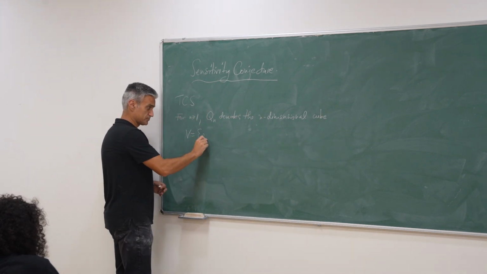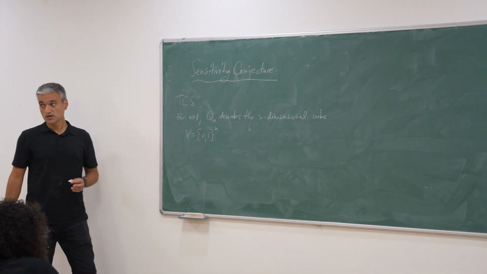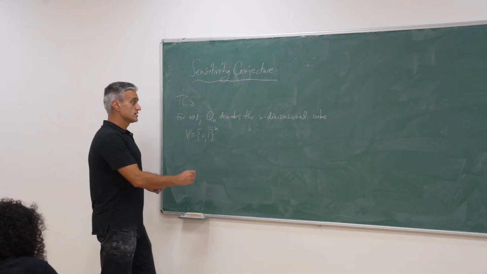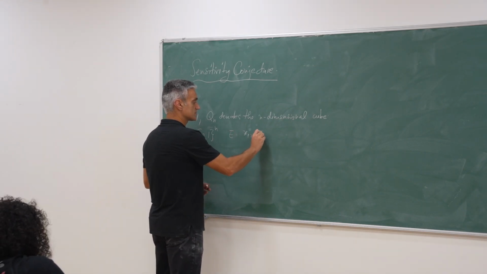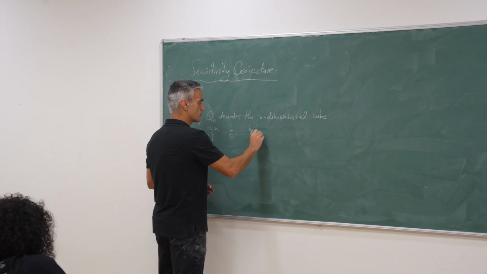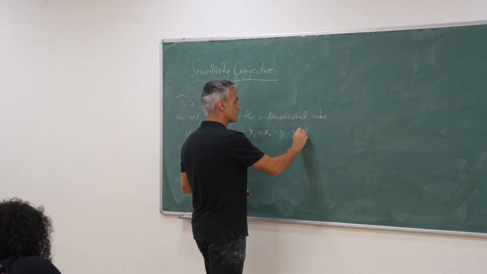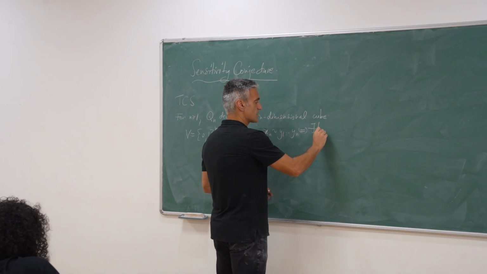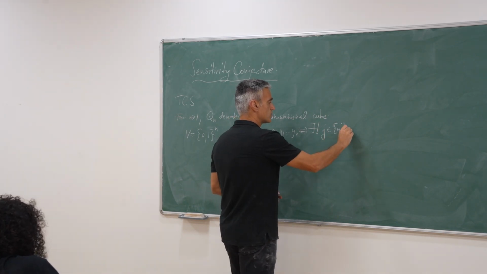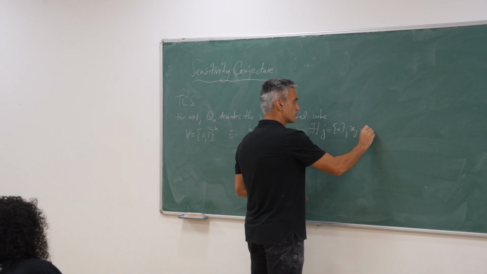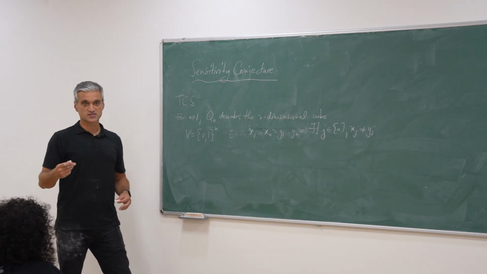The vertices are binary words over 0, 1 of length n, and x1 through xn is adjacent to y1 through yn if and only if there exists exactly one j from 1 to n where xj is not equal to yj. So the two words differ in exactly one position.